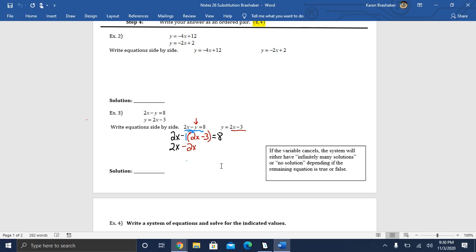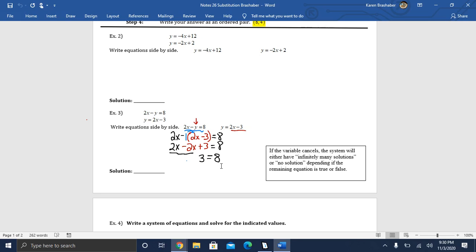And so that would give me +3, and then equals 8. So as I solve this equation, I find that something unusual happens. I get 2x minus 2x, and that's 0. The 2x's cancel out. So now I have this statement, 3 equals 8. And 3 equals 8 is not a true statement.